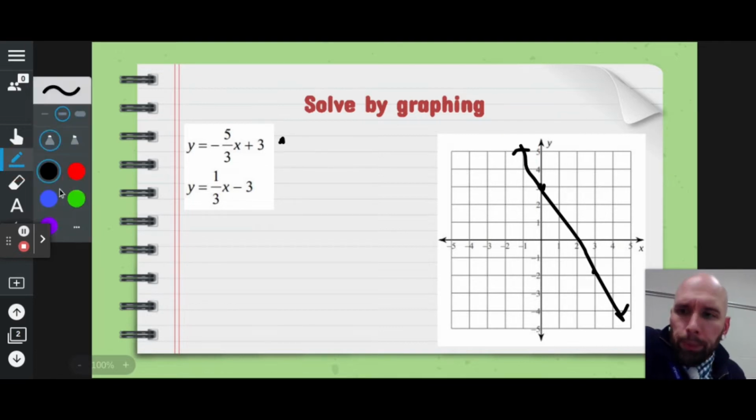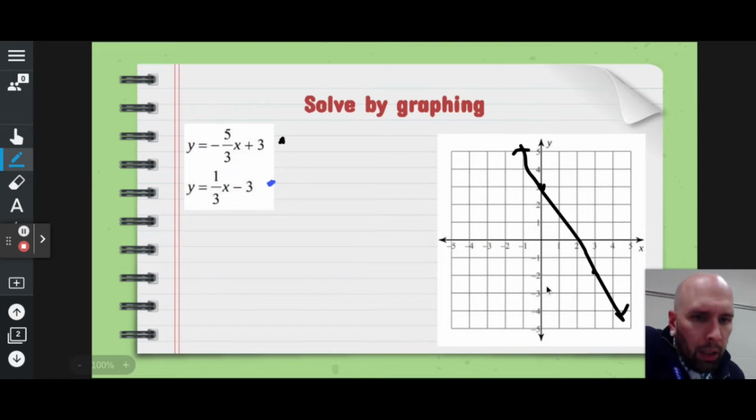Let's graph this one in blue. Let's start at -3, which is down here. My slope is +1/3, so up 1, right 3. Up 1, right 3, can't do it again. Down 1, left 3. Down 1, left 3, can't do it again, but that's all right.